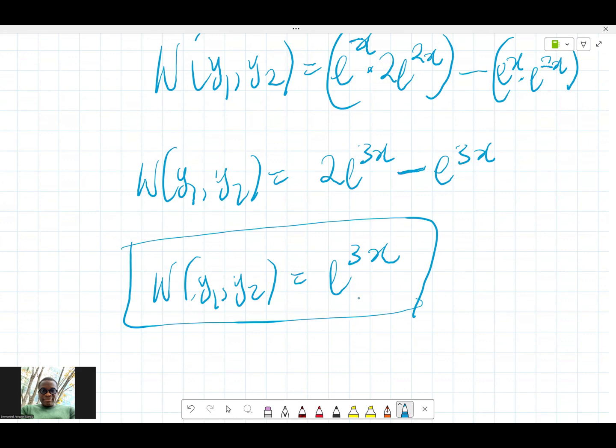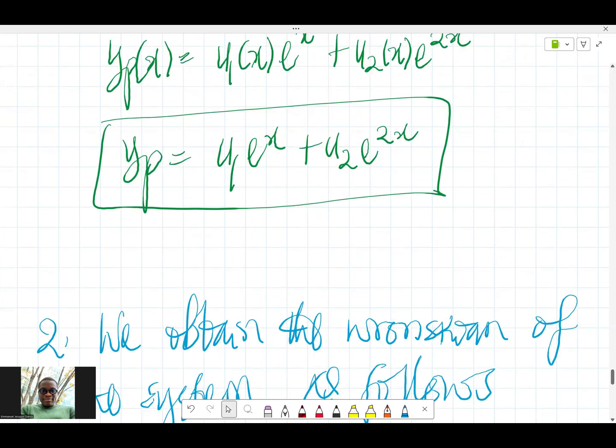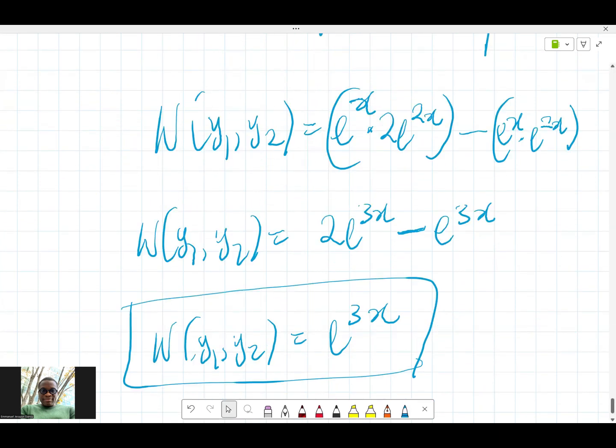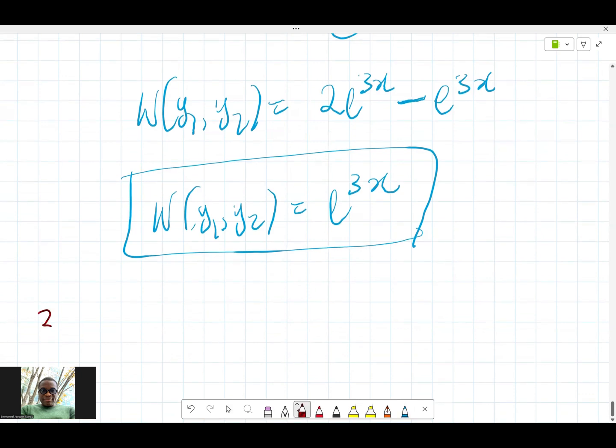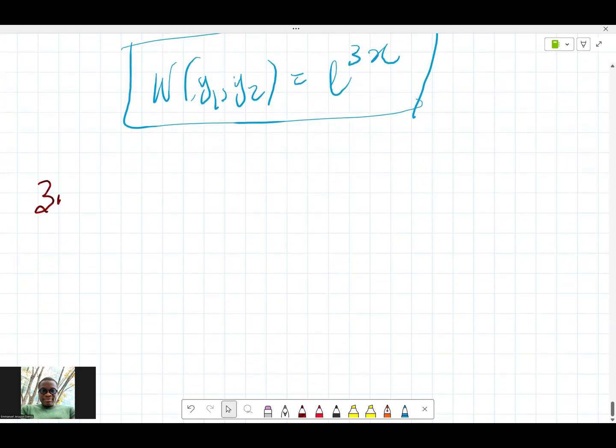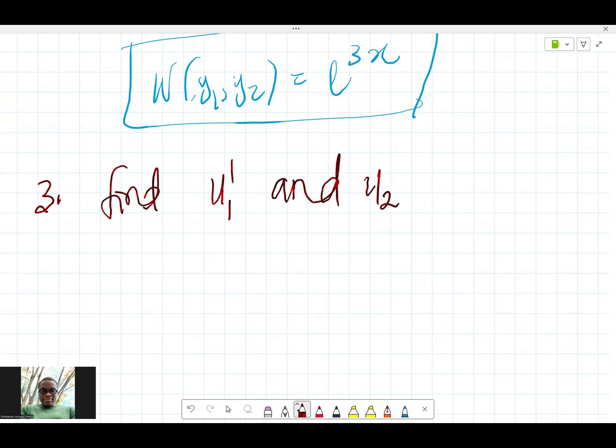And now that we have this, it's easy to take care of the rest. So I go for step 3. In step 3, we can find u1 prime and u2 prime.